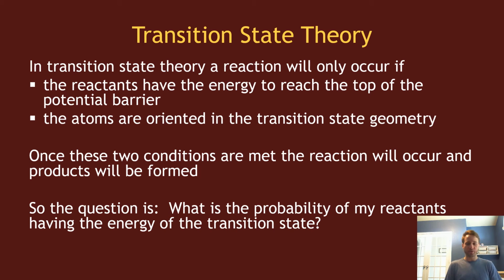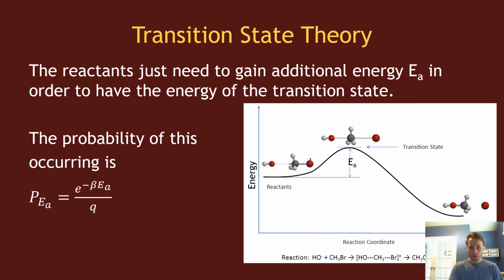And so the question is, what's the probability of these things colliding in the way they are, and what's the probability of having the right energy? Well, that probability of having the right energy just goes back to our Boltzmann statistics that we've talked about in Chemistry 3330, in the previous video, where the probability of having some energy, specifically the activation energy, is just given by the exponential of minus beta times the activation energy divided by Q, where beta is equal to 1 over Boltzmann's constant times temperature.